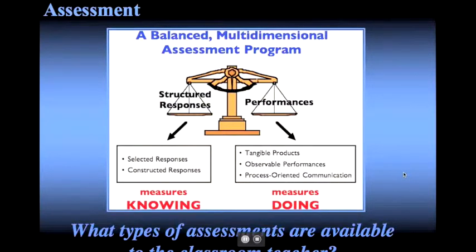A good balanced multidimensional assessment system has performances, and it has what we call structured responses, those things that are paper and pencil that can be true and false, multiple choice, essay, but they are constructed responses that measure what they know. That is the lower level of Bloom's taxonomy.